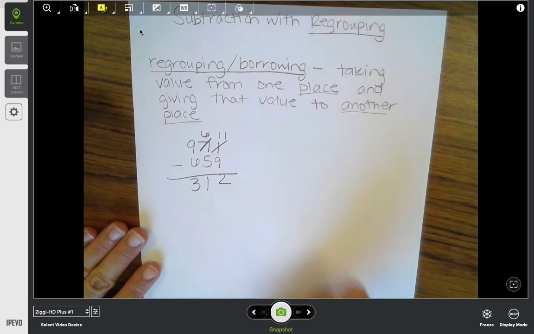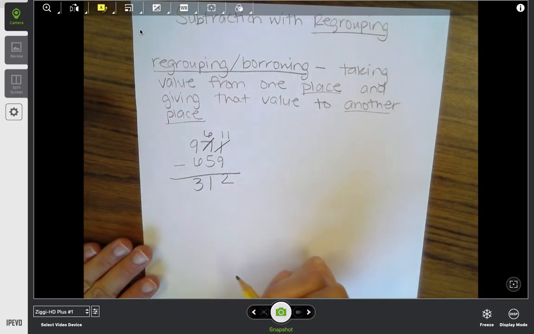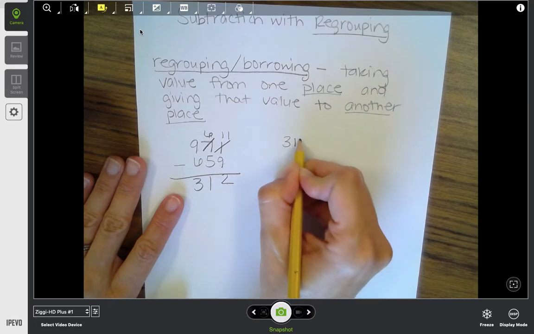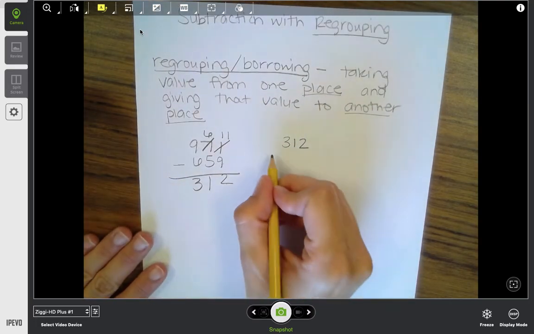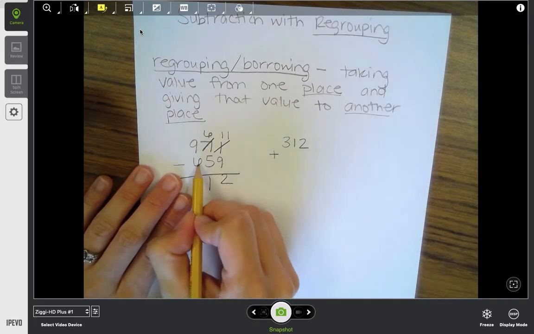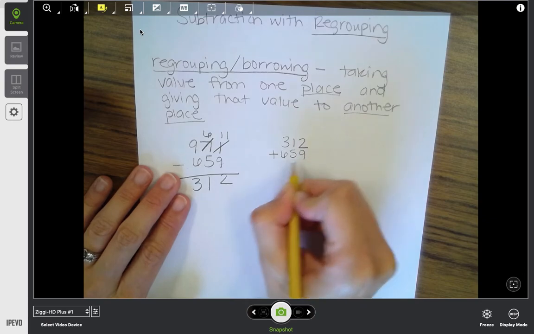I also want you to remember that there's a way that I can check subtraction. I can check subtraction by doing the opposite operation, which is addition. So if I take the answer that I got, 312, and instead of subtract, add to it this addend, which was 659.